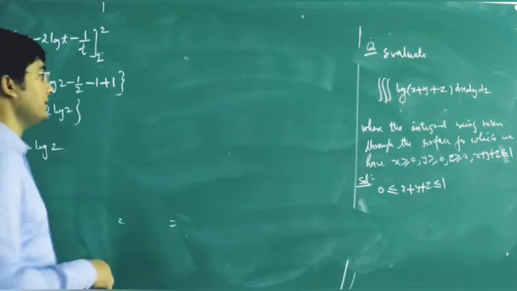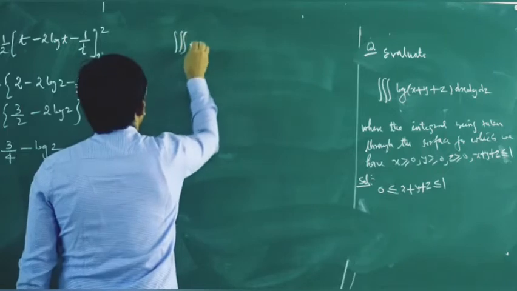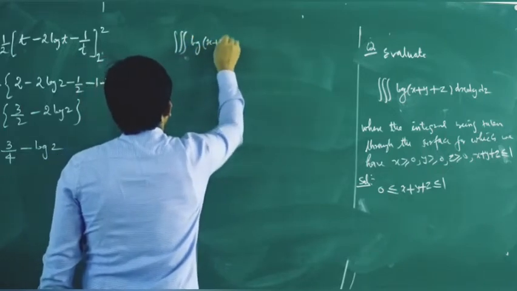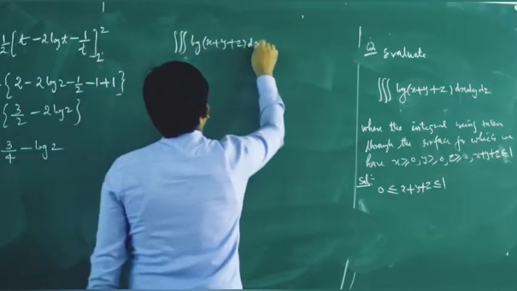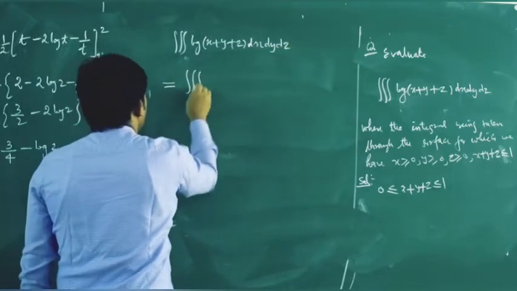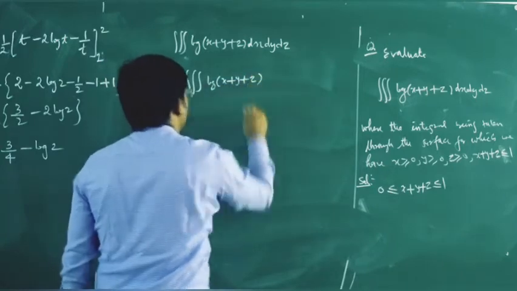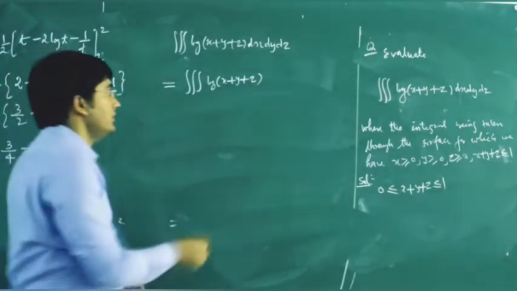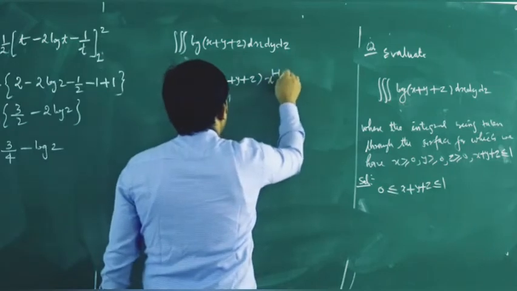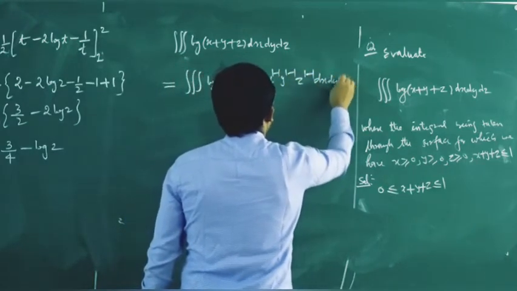now let us apply the Liouville's integral. So the integral of log of (x plus y plus z) dx dy dz is equal to the triple integral, where we have log of (x plus y plus z), this is your function of x plus y plus z, then x power 1 minus 1, y power 1 minus 1, z power 1 minus 1 into dx dy dz.